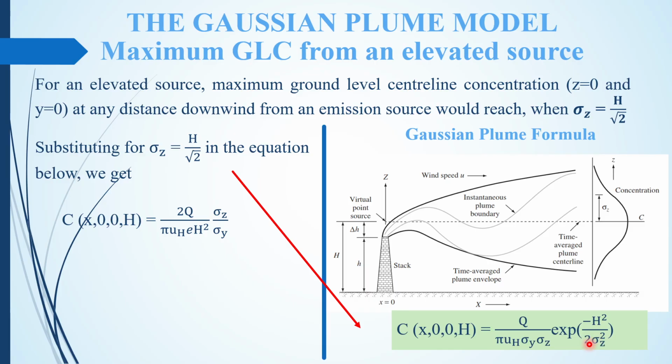Sigma z here we put this value, so it is cancelled out, and here both sigma z are multiplied, here 2 sigma z and sigma z square.